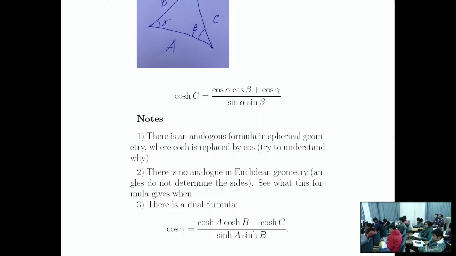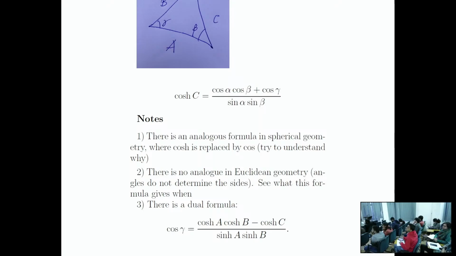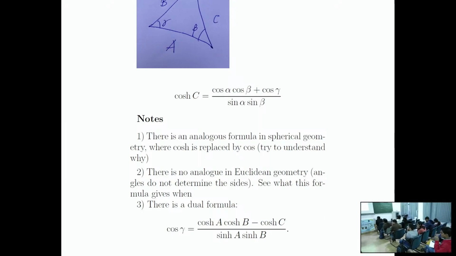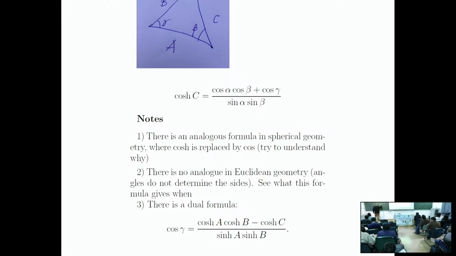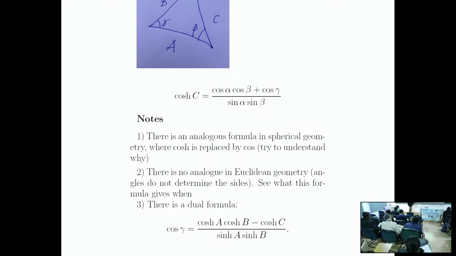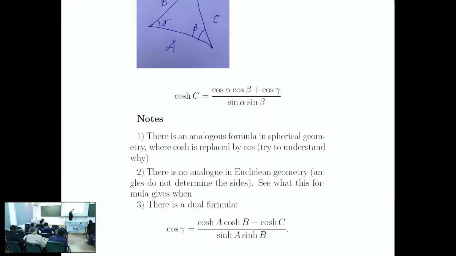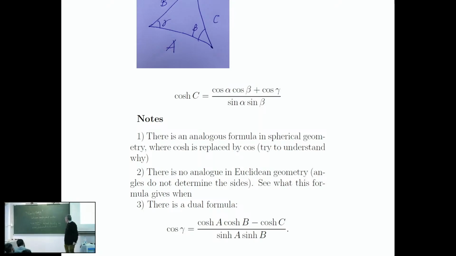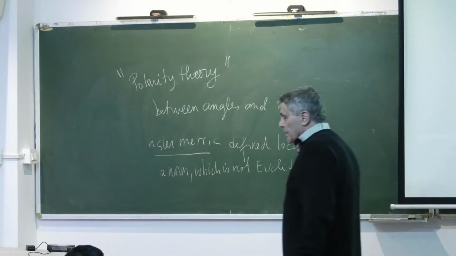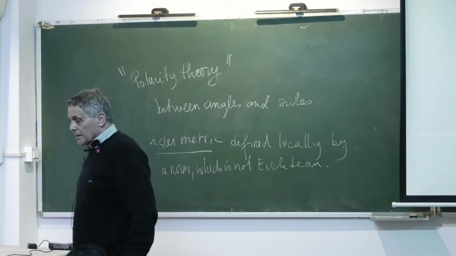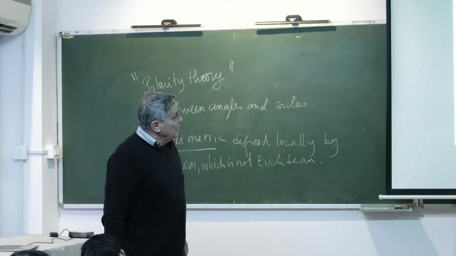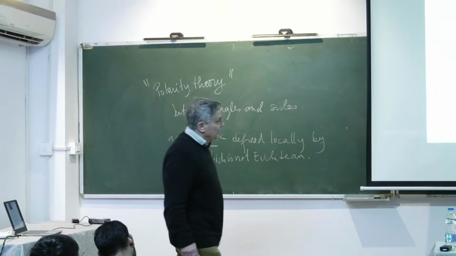It's polarity between angles and sides. You have to be careful sometimes because here there's a plus sign, here there's a minus sign. This is also part of the theory. This is something that you should know also when you study hyperbolic trigonometry.